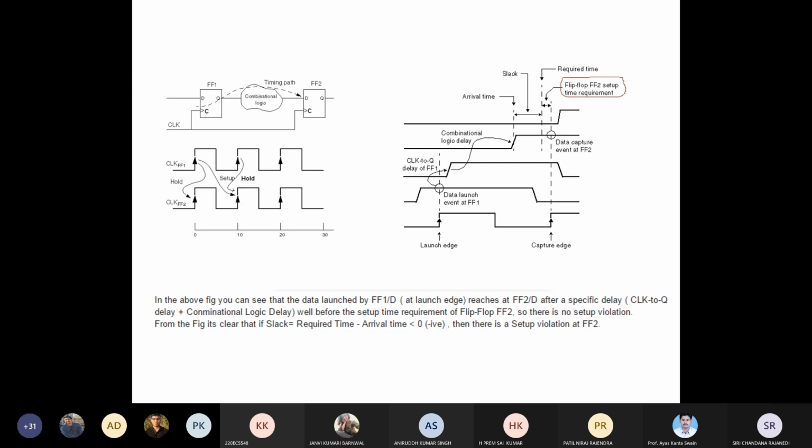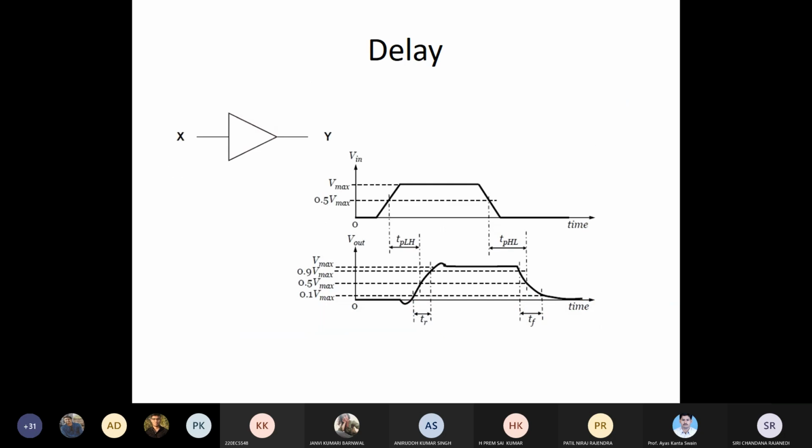It will tell you which slack is positive and which slack is negative, so that you can go and observe individual paths. Then you can point to that particular path and do a manual calculation for that path. If you find that out of 10, 8 are positive, then no need to worry. Only those two which are negative, you have to worry about. So this is where slack plays a very important role, right?